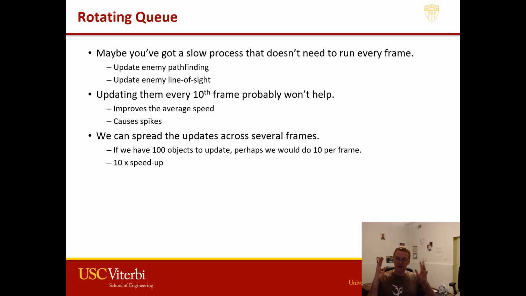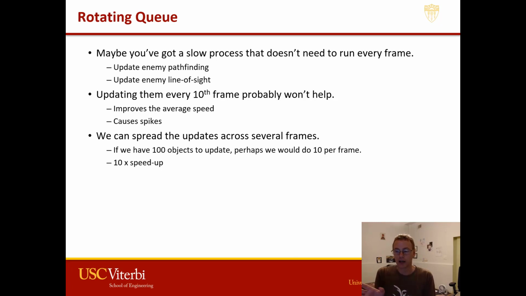But there's another trick. Recognizing that in this case, we have a lot of enemies that have these pathfinding requests, what we can do is spread them out so that, let's say we have 100 enemies that all need to have their paths updated, we do 10 of them each frame in a rotating queue. We'll take the 100 enemies and spread them out across 10 groups, and each frame will handle one group.